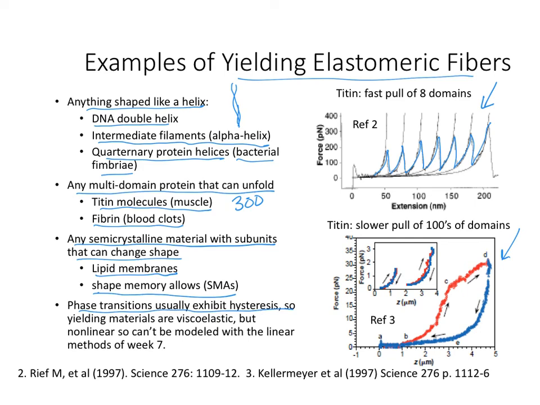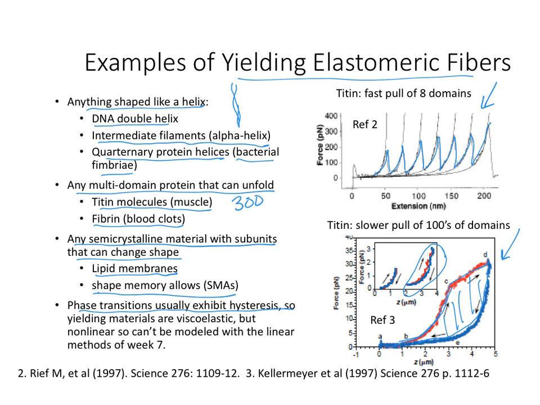And what you see then is you still see, as you stretch the initial, and then as you undergo the phase transition, that yielding behavior there. And then when you relax it, it goes back on a different curve at lower force. That's the hysteresis in here. But if you go slow enough here, you can actually see these start falling on top of each other. And so you lose that hysteresis.